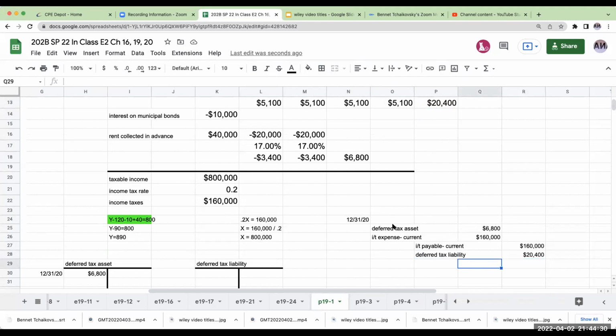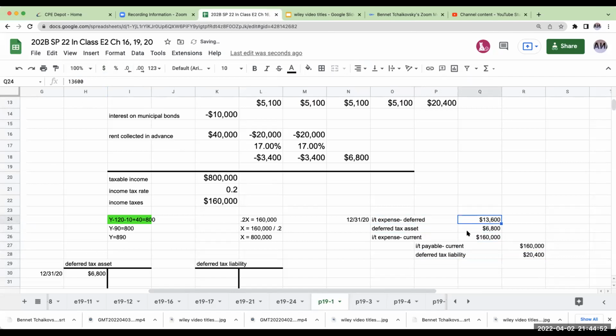Okay. Now, if you've been following with me on how I go through and do these problems, you know the next step I'm going to do, which is income tax expense, deferred. And this is whatever I need to do to balance. It's really just going to be the difference between the deferred tax asset and the liability, which is going to be 13,600.